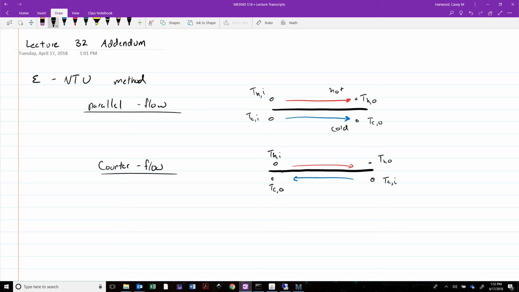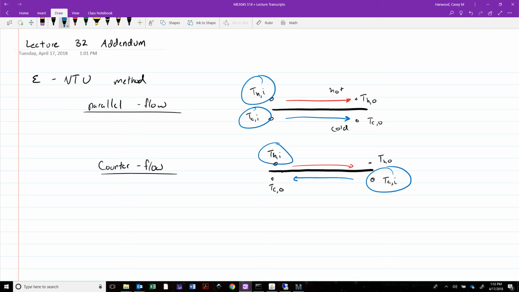So, all right, what's typical in an analysis is we might know what types of fluids we're pumping through this heat exchanger, and we might know what temperatures those fluids are entering the heat exchanger at. That is, it's quite possible that we'll know the inlet temperatures of the hot and the cold fluid, as well as some information about those fluids, their fluid properties, for example.